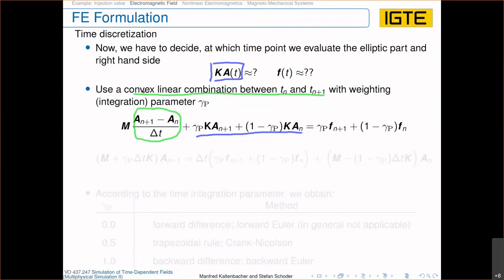That is meant with the convex linear combination. And the same you do for the right hand side: you also do this combination between time step n+1 and time step n.